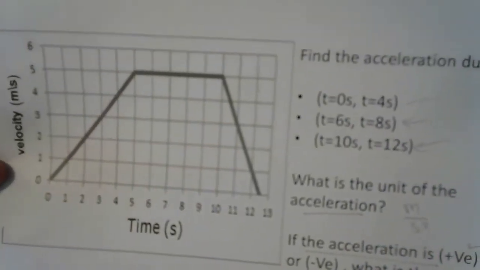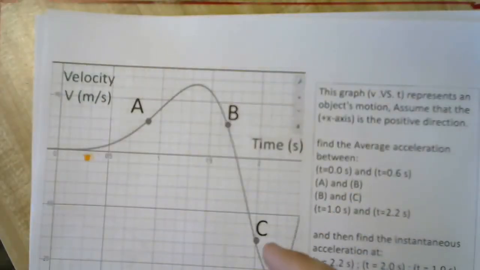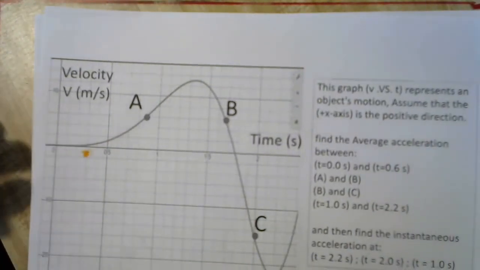We saw the previous example with straight lines, and now we will use curves. It will be easy. We will also draw tangent lines to find the instantaneous acceleration.